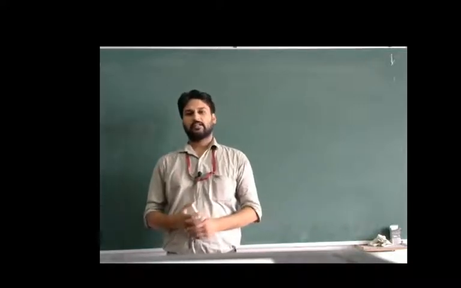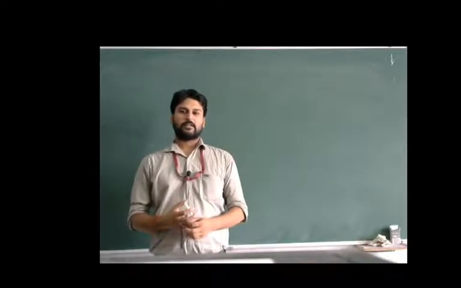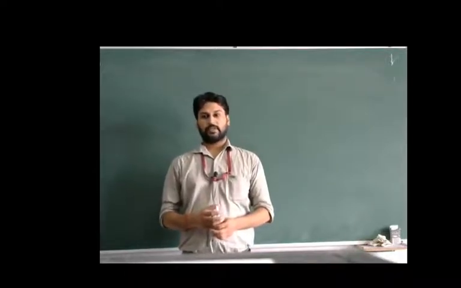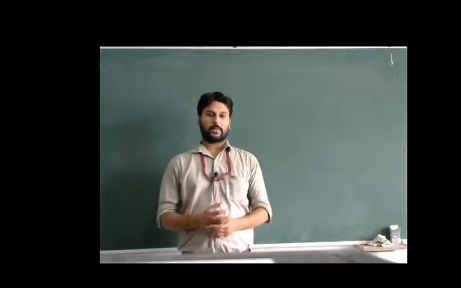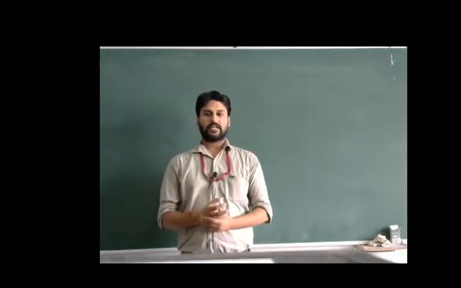Earlier we discussed the concept of limiting error. In this lecture, we will discuss if there are more than one quantities combined together, how can we calculate their combined limiting error.